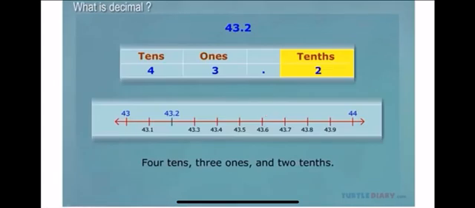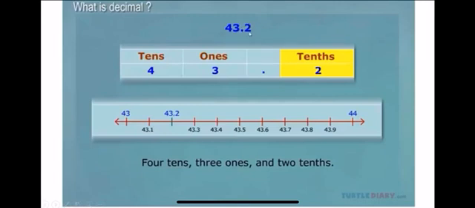What about the decimal number? We have already known the place value of 43, right? We start with ones, then with tens. So the 3 is in place value of ones, and the 4 is in place value of tens. But we have the decimal point here and the decimal number.